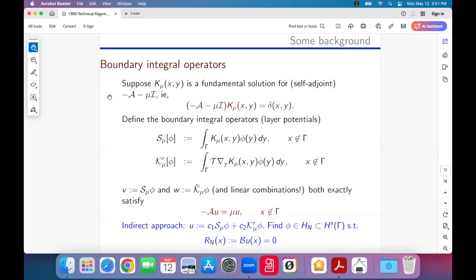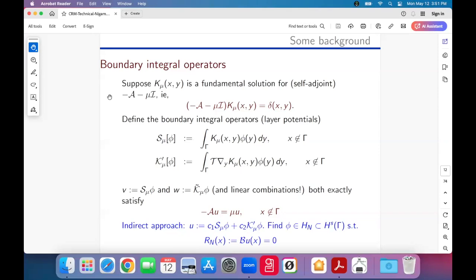So in some distributional sense, the fundamental solution solves the problem in red. Okay. So you can use the fundamental solution to construct so-called boundary integral operators. You can construct something called a single layer, which is the convolution of a density phi against this fundamental solution.